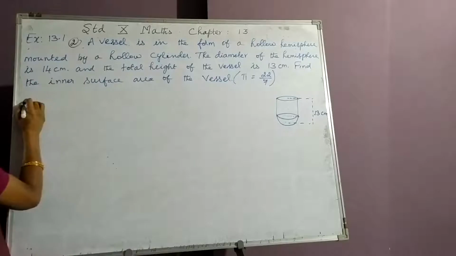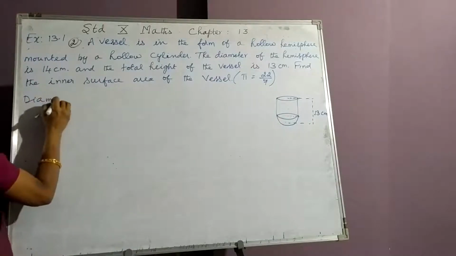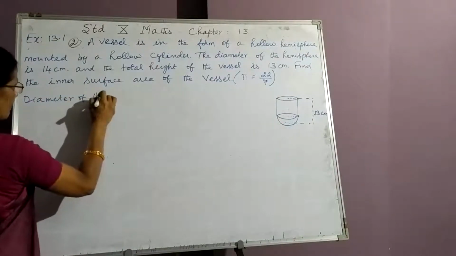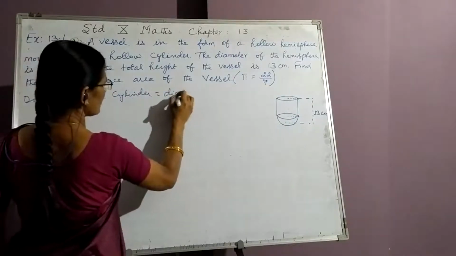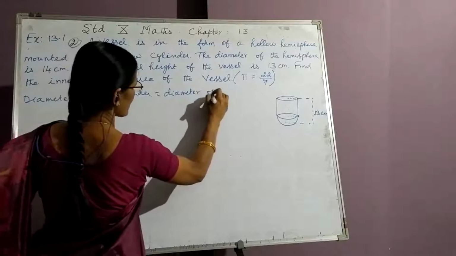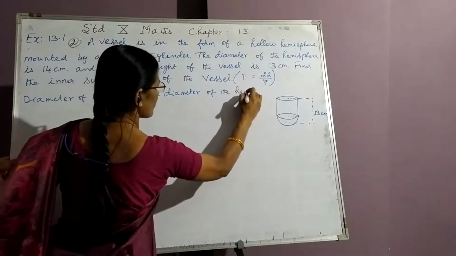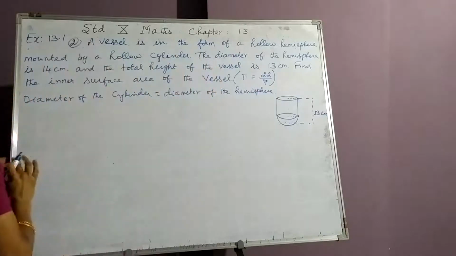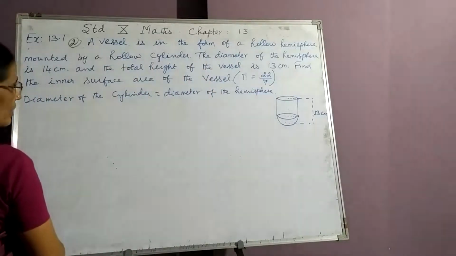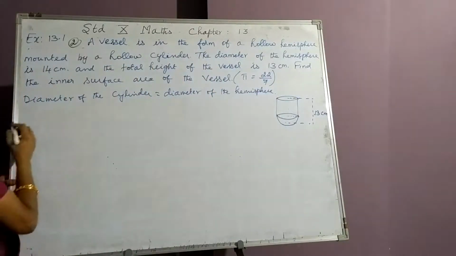So the very first step is diameter of the cylinder is equal to diameter of the hemisphere, because one is mounted on the other and only one diameter is mentioned here. Therefore, we take for granted both the diameters are equal.